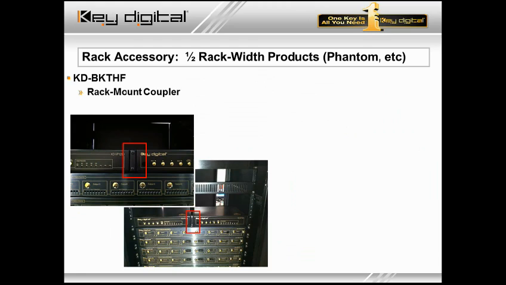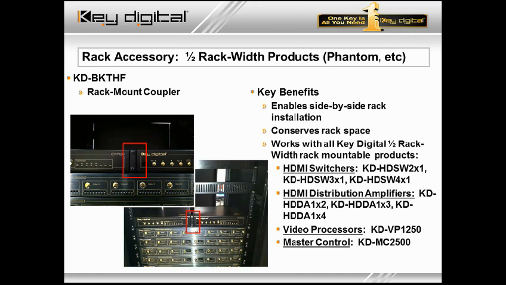So if you'd like to rack mount multiple Phantoms, if you're building a large HDMI system like we just showed you there, how do you do that in a way that's cost effective and space efficient? Well, as we discussed, each Phantom series HDDA 1x2, 1x3, 1x4, HDSW 2x1, 3x1, 4x1, all of the half rack width products include a half rack blank.